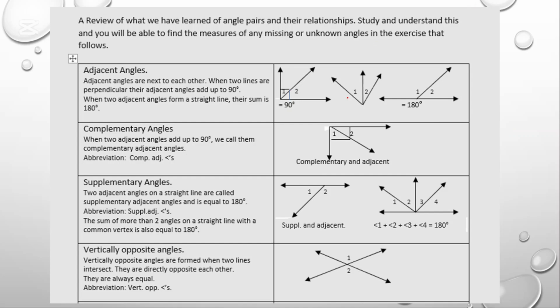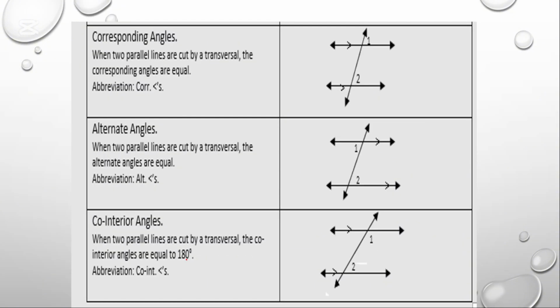I have here for you a pair of adjacent angles, complementary angles. I have here supplementary angles. You can go through that again. Vertically opposite angles. Then we have corresponding angles, alternate angles, and co-interior. So you must know that corresponding angles are equal.